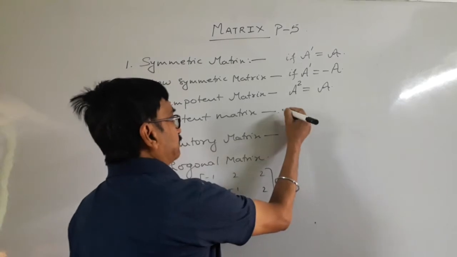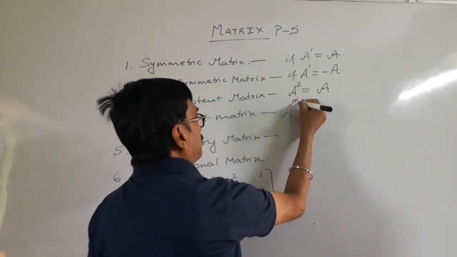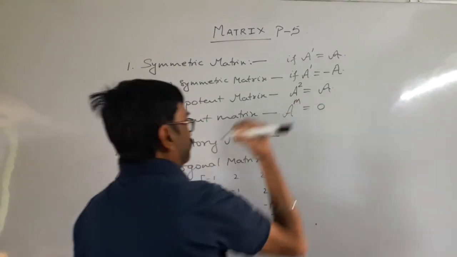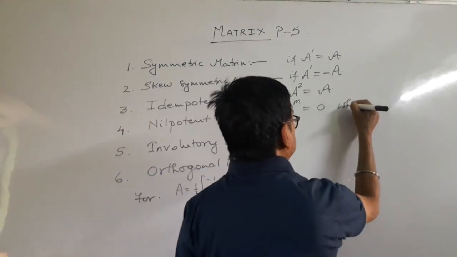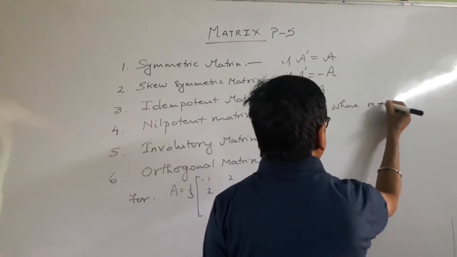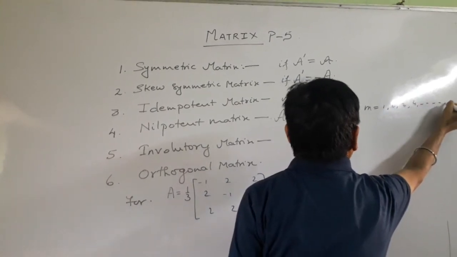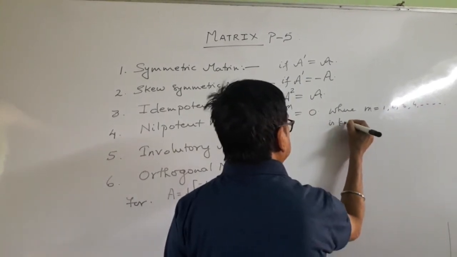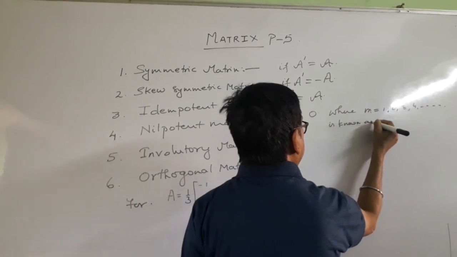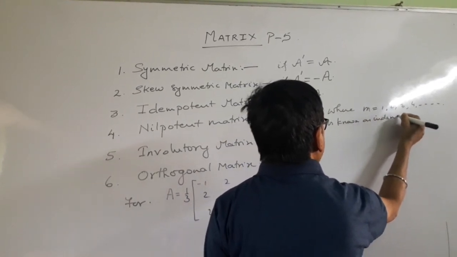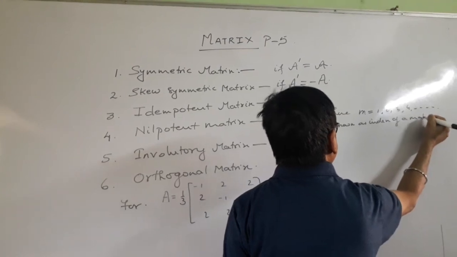For any square matrix, the condition is that A to the power m equals 0, where m is 1, 2, 3, 4, known as the index of a matrix.